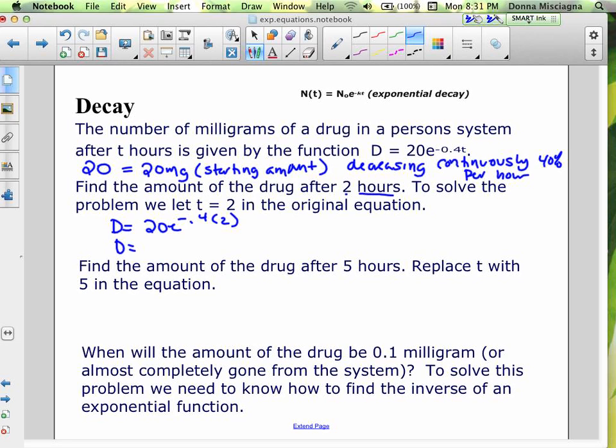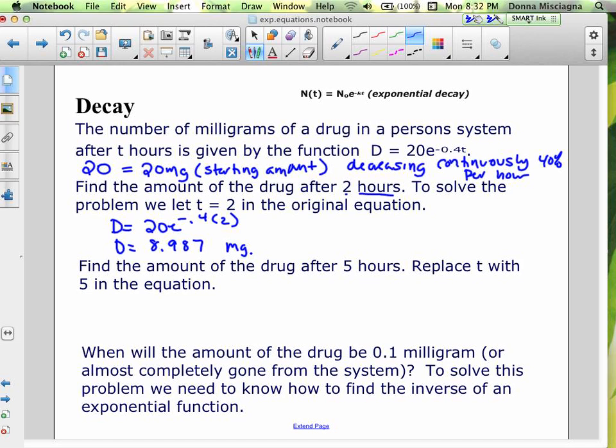There is 8.98, and then everything after is greater than 5, so we'll round to the nearest hundredth. 8.897 would round up, because it's 6, 5. So that's the amount of drug, in milligrams, after 2 hours.